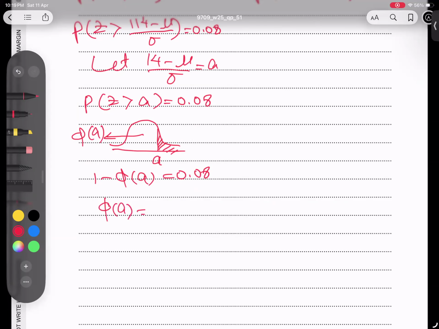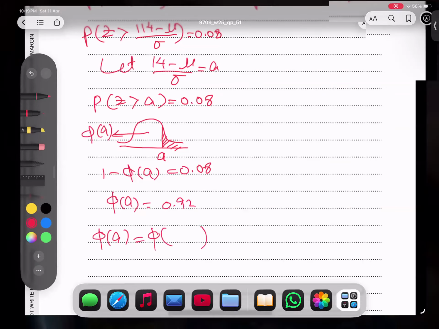So I think this point is clear. 0.92. Okay, now students, I'm going to find this value in the table. What number is giving 0.92?